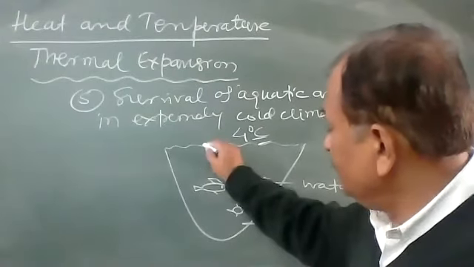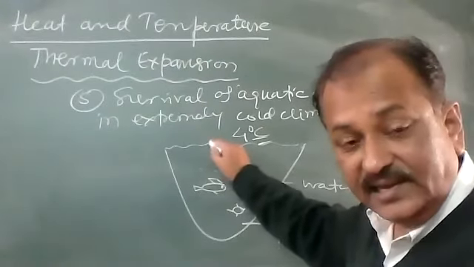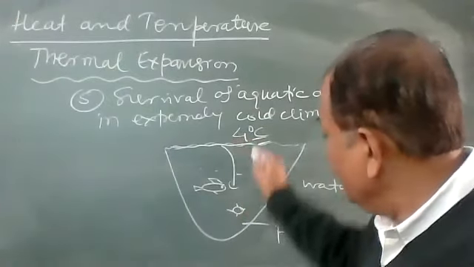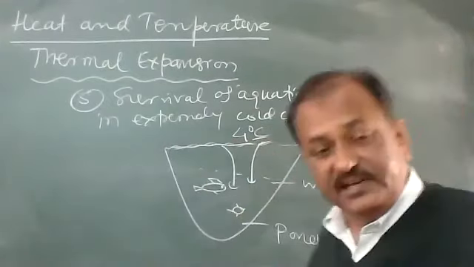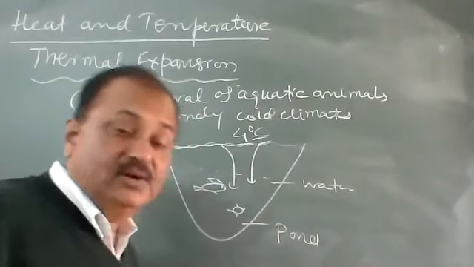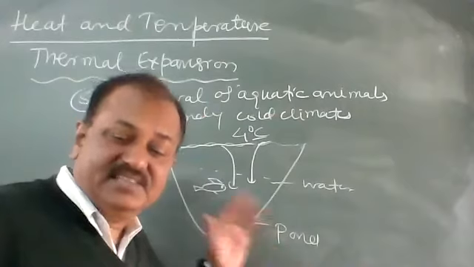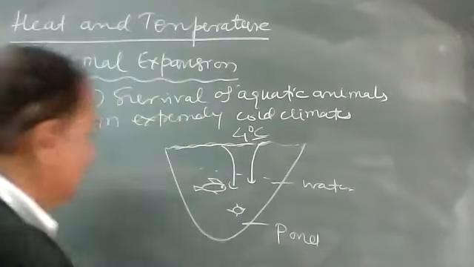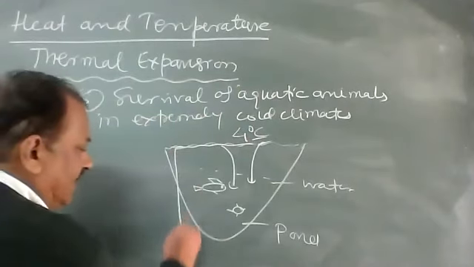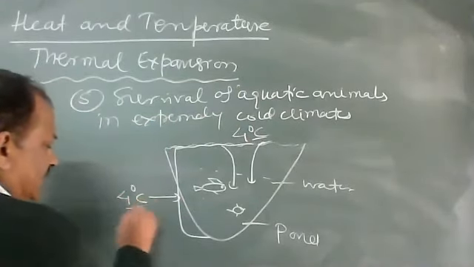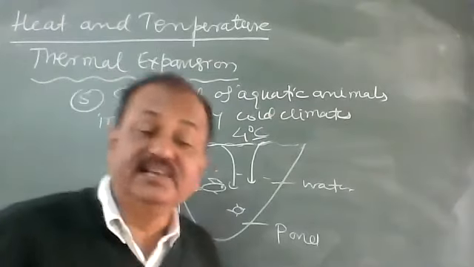The water at the top surface becomes dense, and as the temperature becomes 4 degrees, it starts sinking. There is sinking of water when it approaches 4 degrees Celsius. As a result, the entire water acquires the temperature of 4 degrees Celsius.